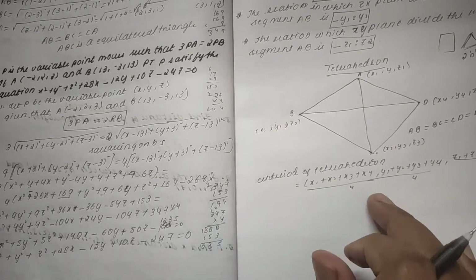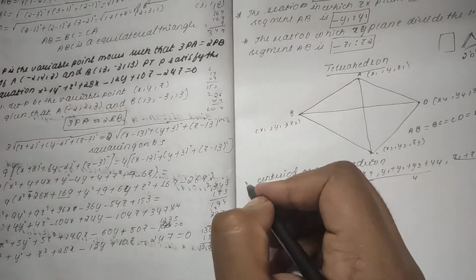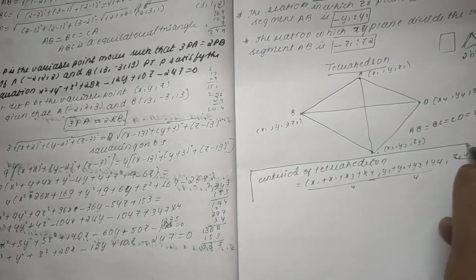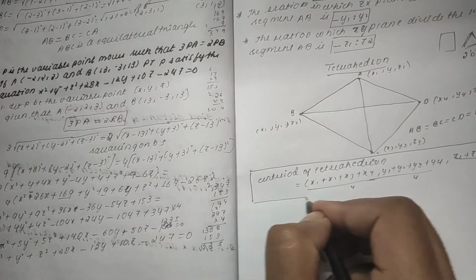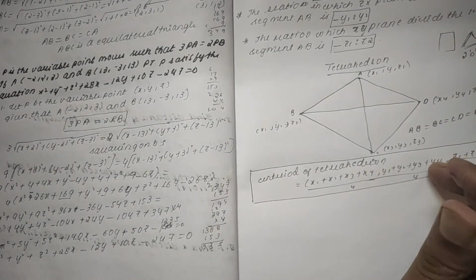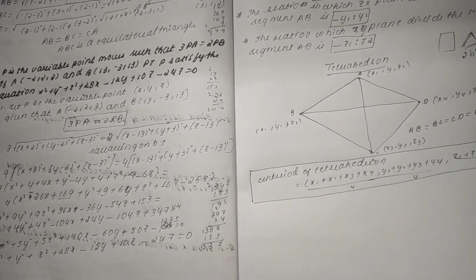So this is the centroid of tetrahedron. In the coming problems, we are using this formula and solving few of the important problems.